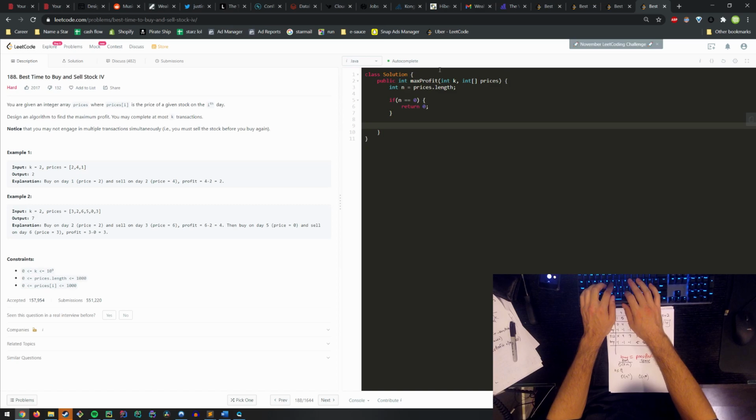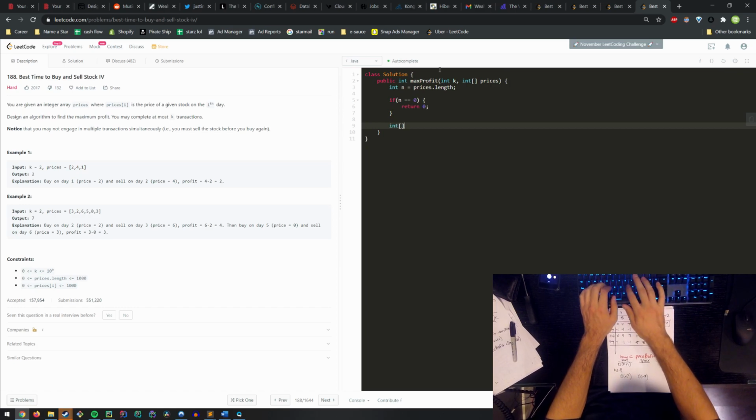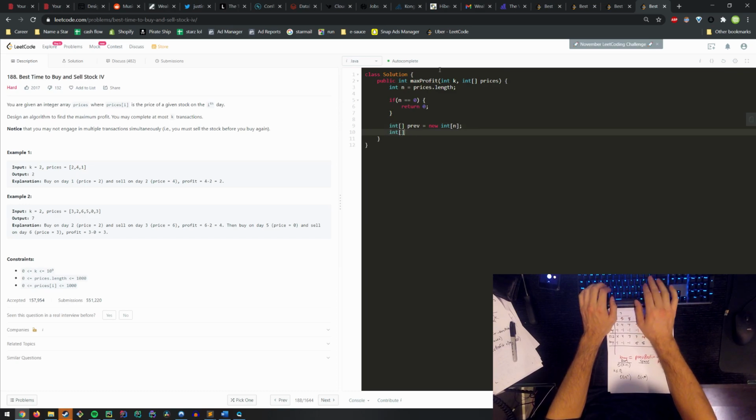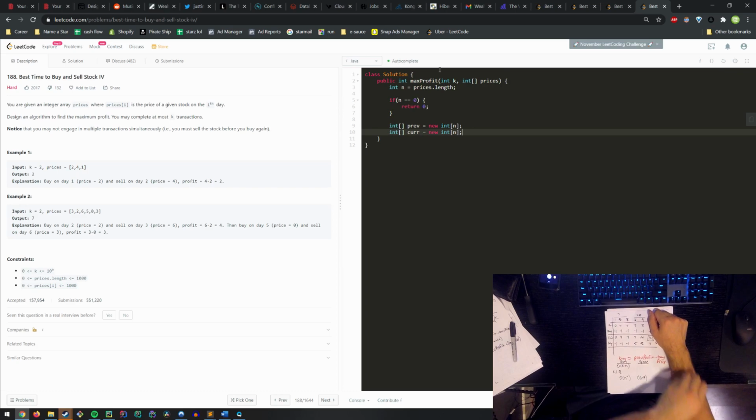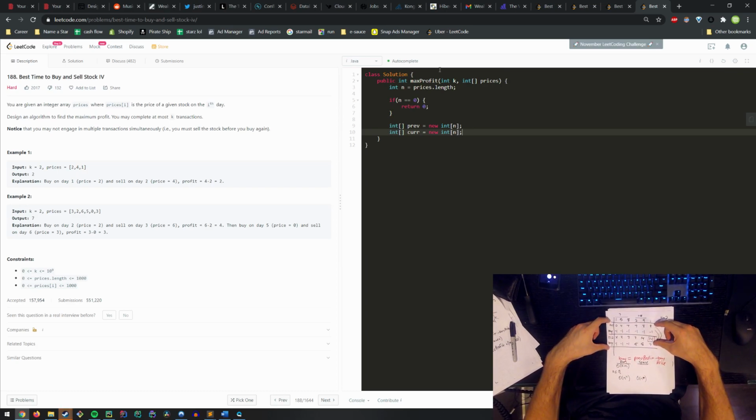We needed a 2D array, or I guess a 1D array. So we'll say here's our prev array. It'll be of size n, and we'll have our cur array equals new int of size n.